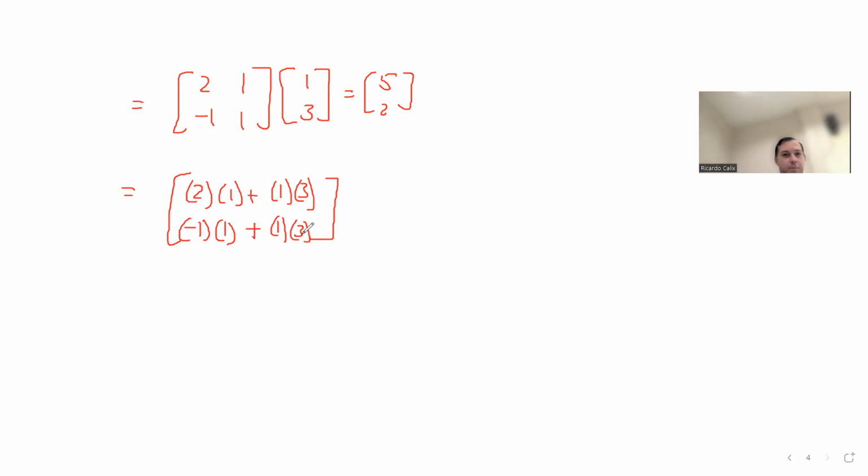Once you perform this operation, let's do it further. 2 times 1 is 2. 1 times 3 is 3. So that's plus. And then this one, -1 times 1 is -1, plus 1 times 3 is 3. Now 2 plus 3 is 5, and -1 plus 3 is 2. Do you guys see that?